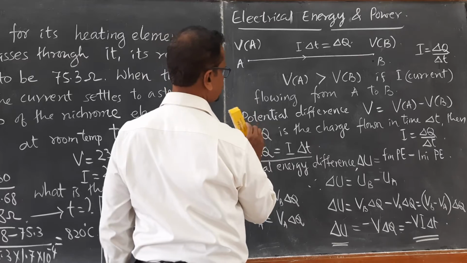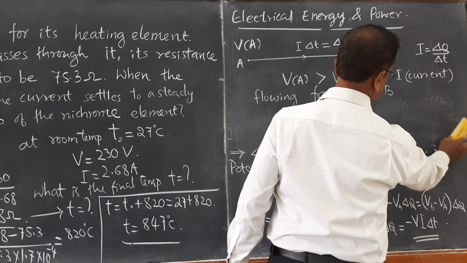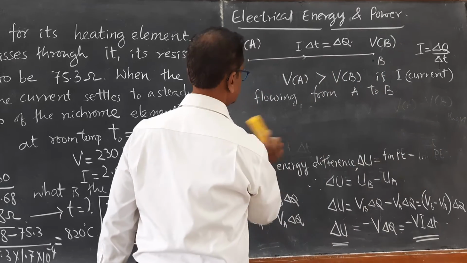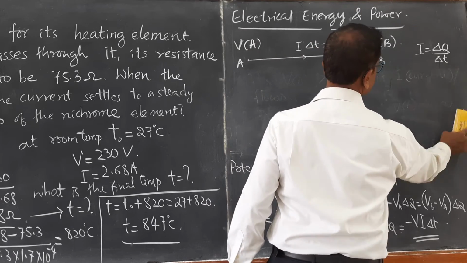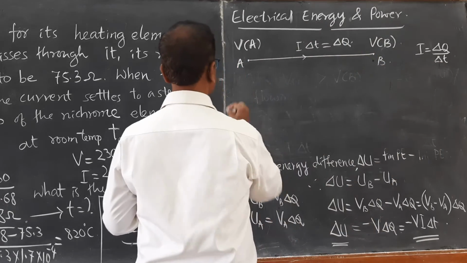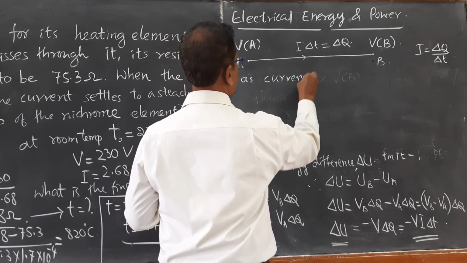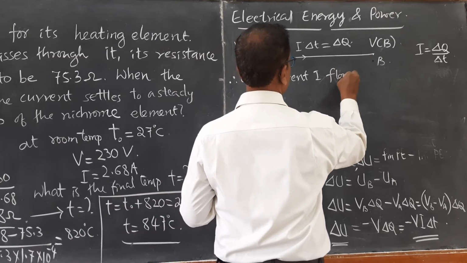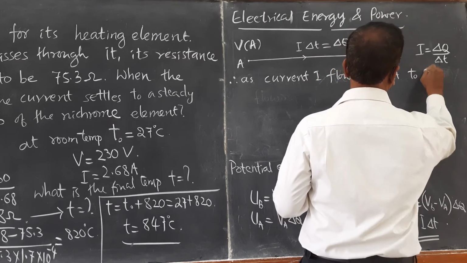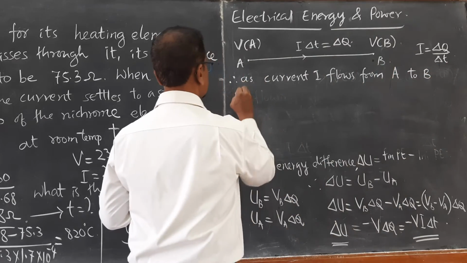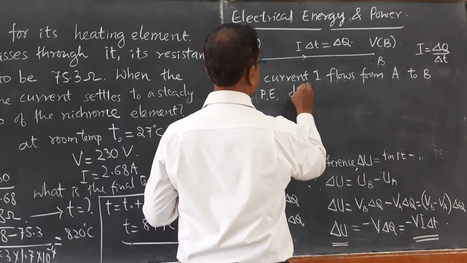Okay, so I will write here. Therefore, as current I flows from A to B, the potential energy decreases.